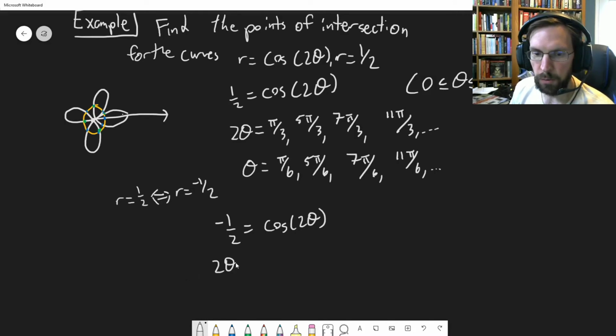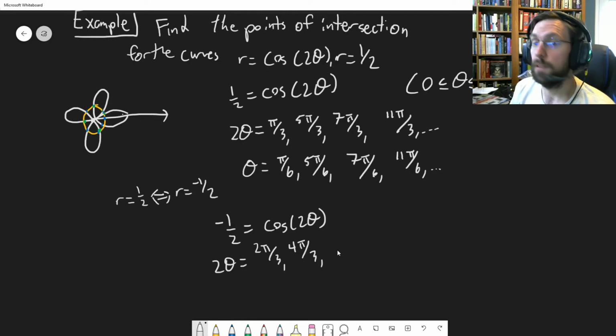That means that 2 theta should be equal to 2 pi over 3 and 4 pi over 3, and then 8 pi over 3 and 10 pi over 3.